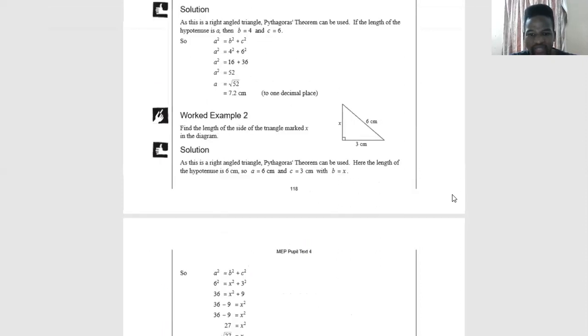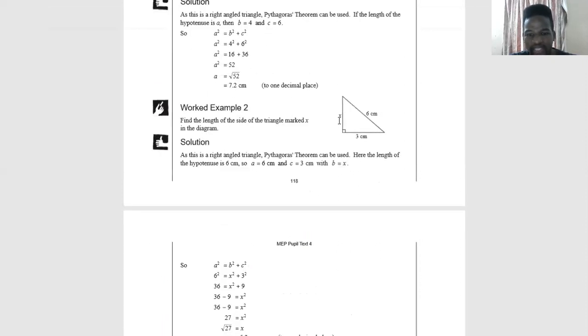So they can trick you sometimes by putting other letters. It's the same thing. So here you have your hypotenuse, you have your adjacent. You are looking for your opposite. So the first thing you do, you write your formula, you substitute. In this case, we have the hypotenuse, we have the adjacent.